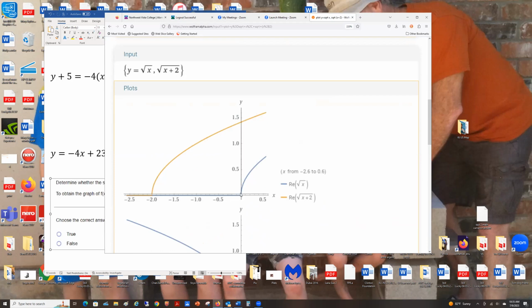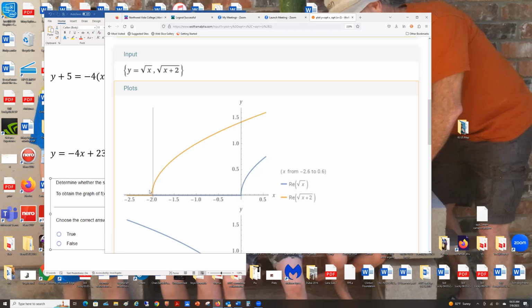The square root of x is the blue one, and it says RE. That means the real part, because we're not going to do the square root of negative numbers. And over here at negative 2, these two have the same exact shape, only the second one is shifted 2 units to the left.